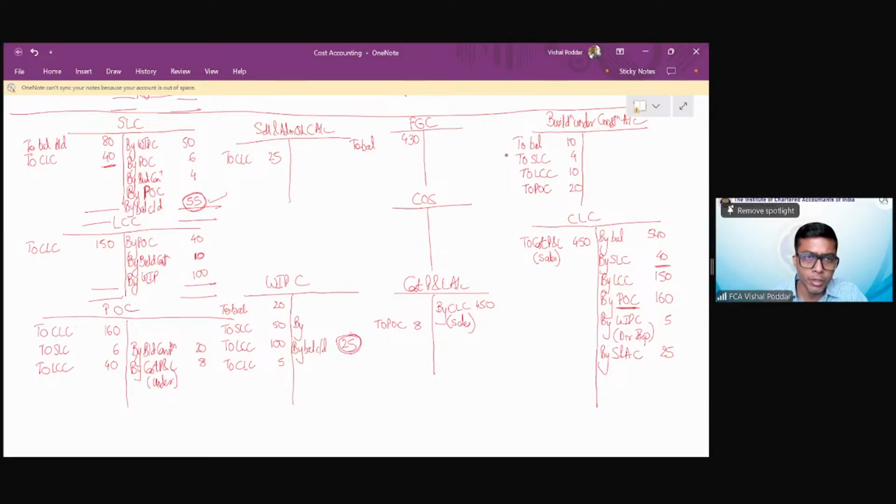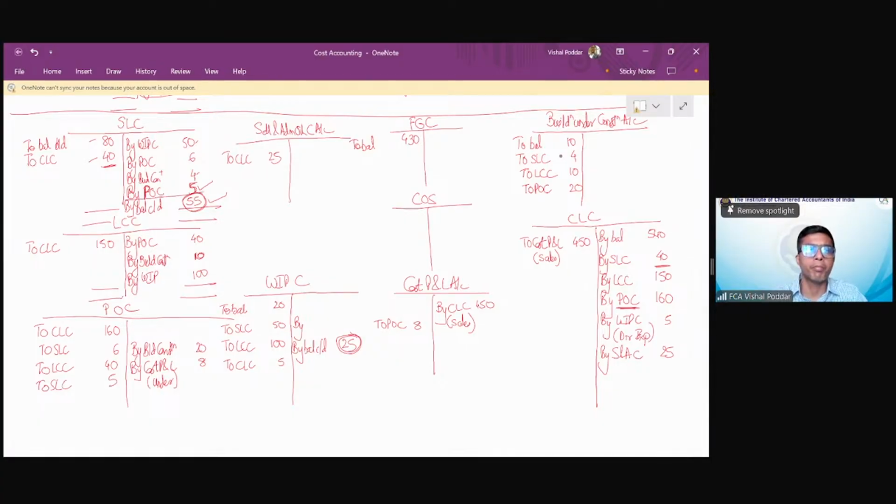So what is my total? My total is 60, 55, 115, and here it is 120. So my balance is 5. Remember, students, this is the balancing figure which I have got here. This balance, they want me to consider it as factory overheads. Hence, I will transfer this over here.